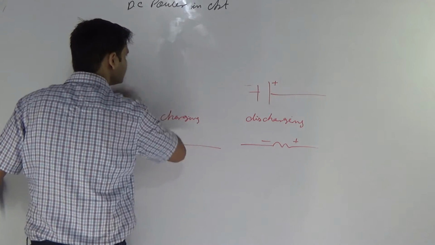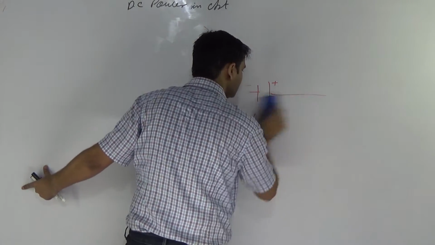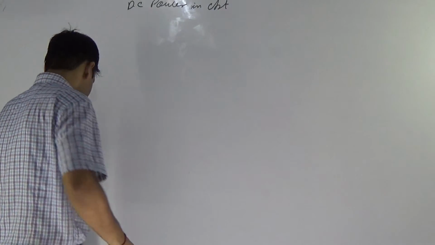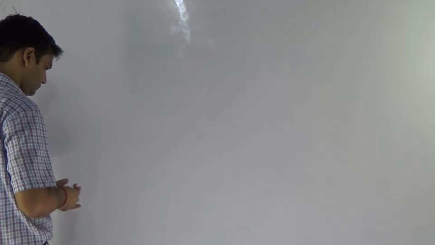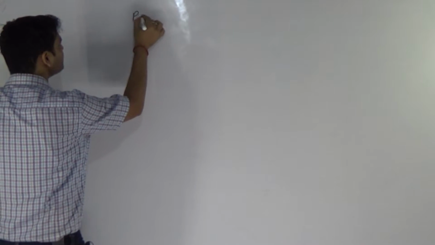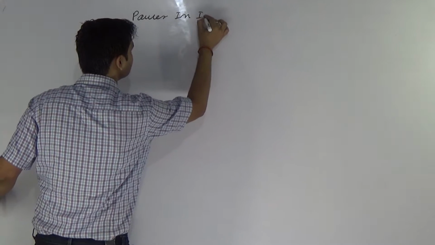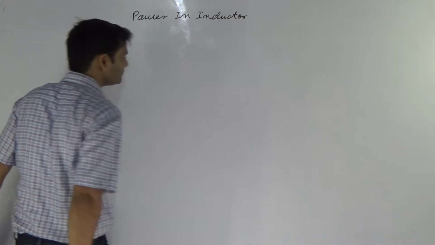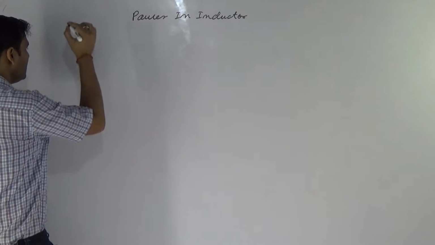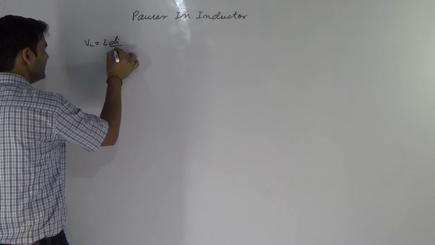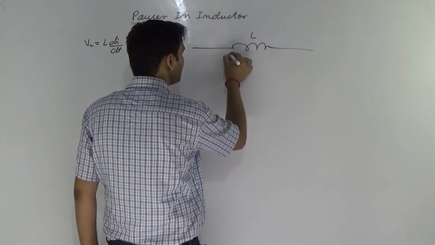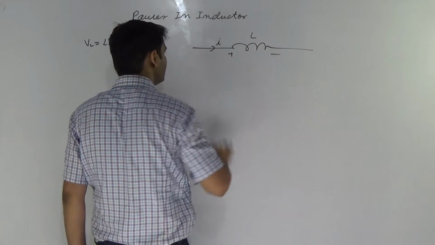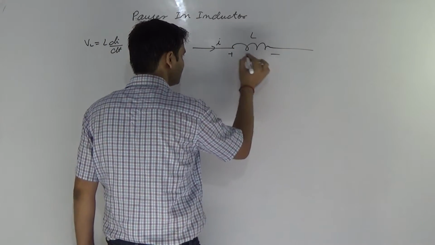Now, more application in power electronics. Suppose power in an inductor. Everyone knows that VL is equal to L di by dt. Suppose this is the inductor L, this is plus and this is minus, with current flowing from plus to minus, and this is VL.